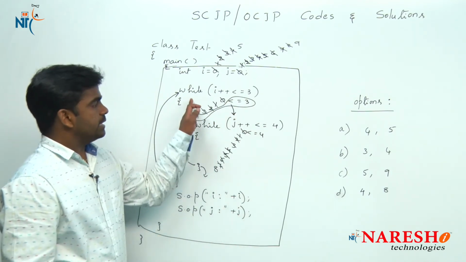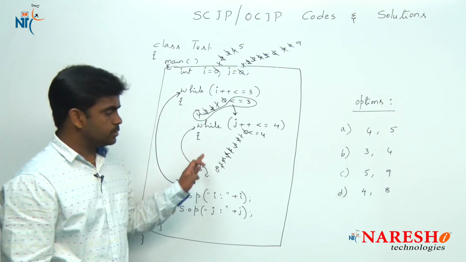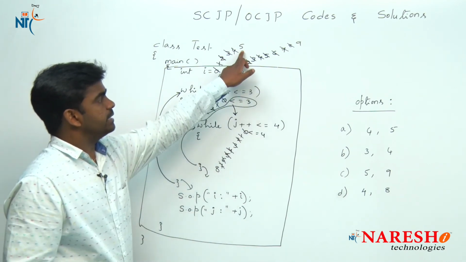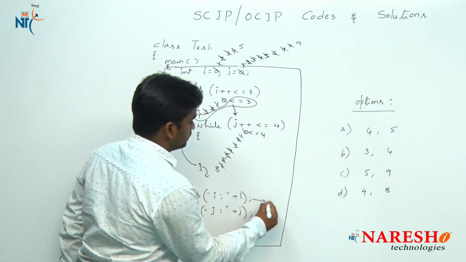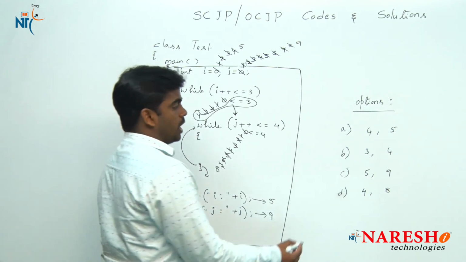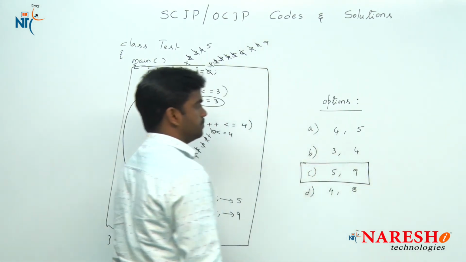So whenever the outer condition has failed, the loop will be terminated. The control comes out and it will print the i value and j value. The i value by that time is 5, and the j value is 9. So the output of this code is option C, 5 and 9.